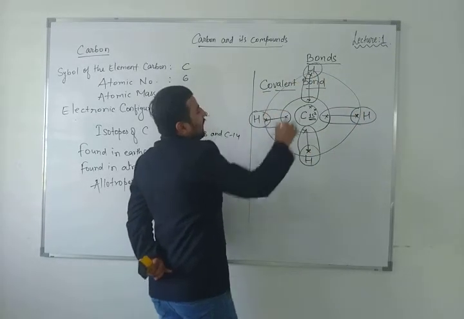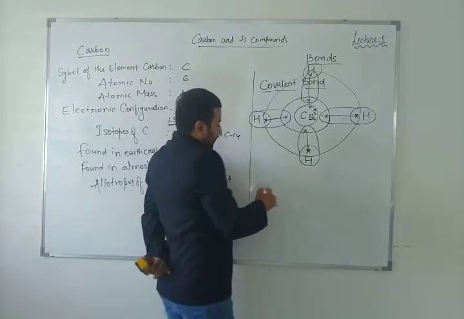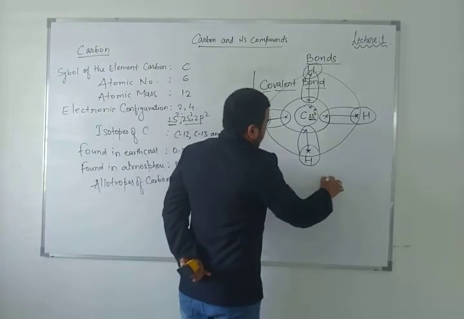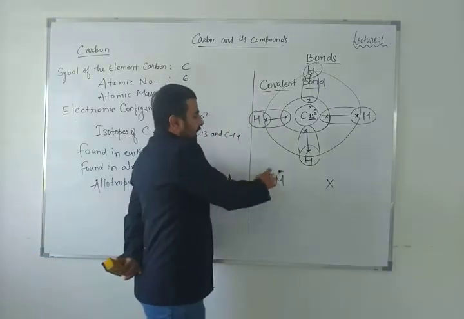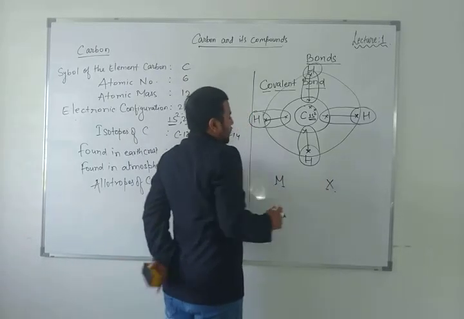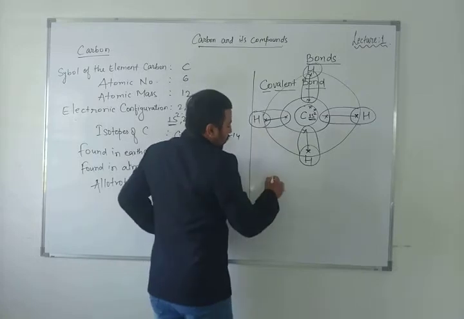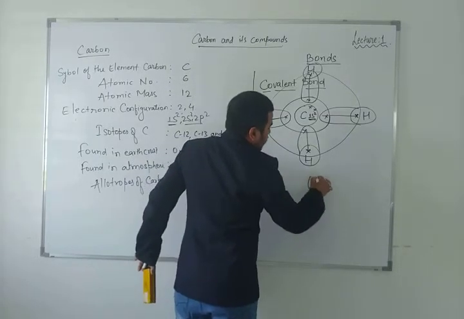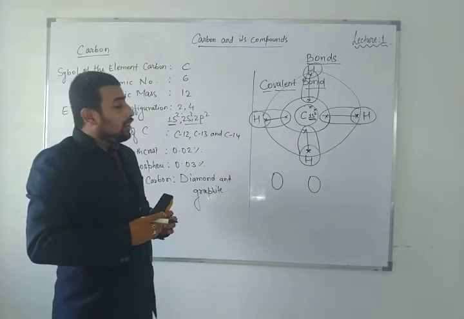So you can see by sharing of electrons, when 2 elements, any elements, just suppose these are the 2 elements, I have written any element symbol, you can take any elements. Just suppose the oxygen atom. If I talk about oxygen, can you tell me how many valence electrons are present in the oxygen atom?